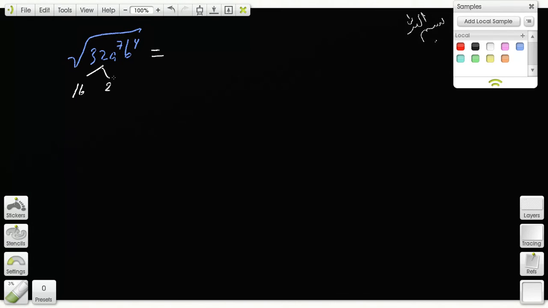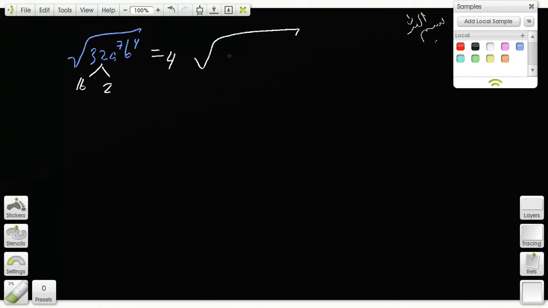If you did 8 and 4, let's see, he did 8 and 4, then you say you could take this out, but then 8 has factors too, which is 4 and 2. You could take that one out too. You just have to make sure you take as much of them out as you can. So 16 and 2, right? So what comes out, what stays in?